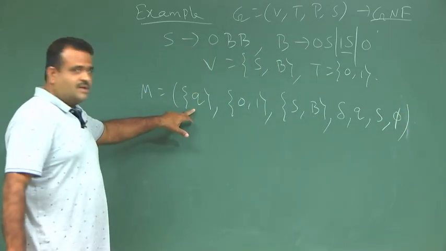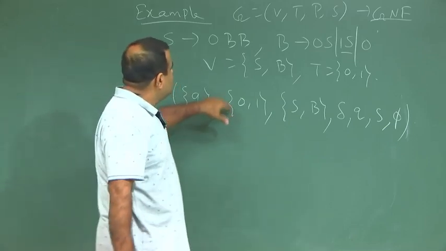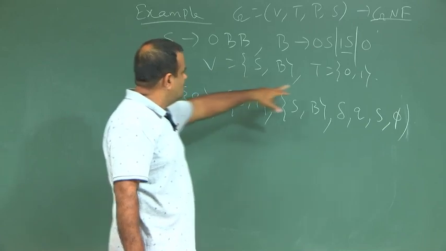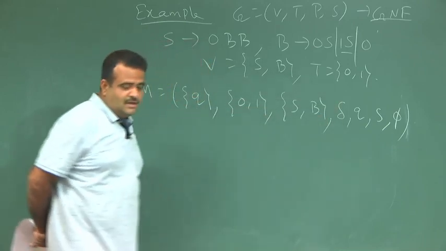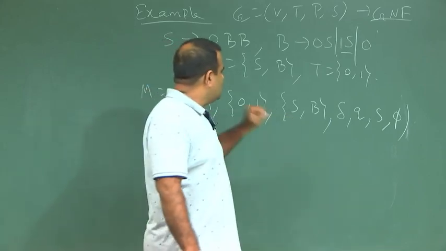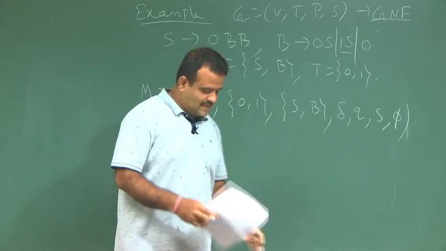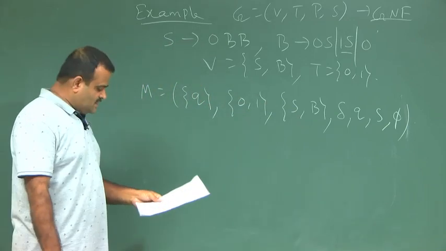In the way we constructed it, there is only one state we have, and these are the terminals, because terminals are just the input alphabet 0 1, and then we have the stack symbols S and B, which are basically the V. So, now let us define the rules.